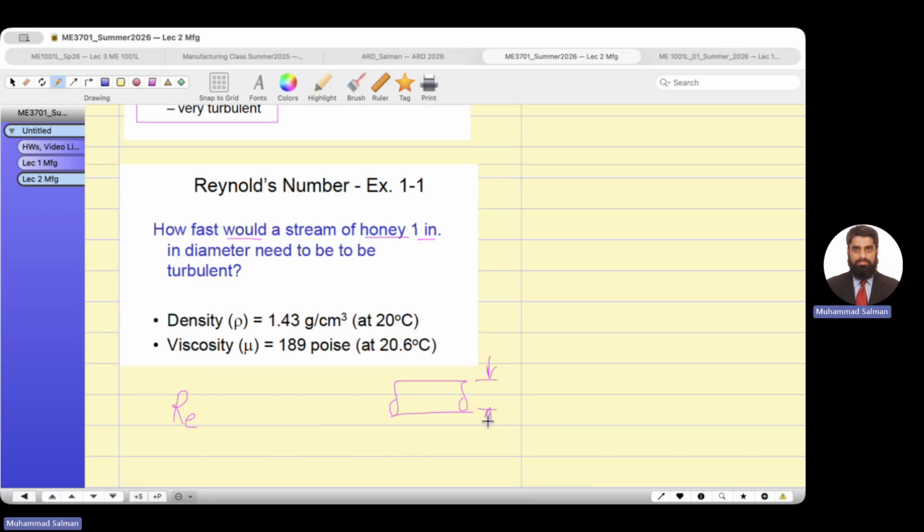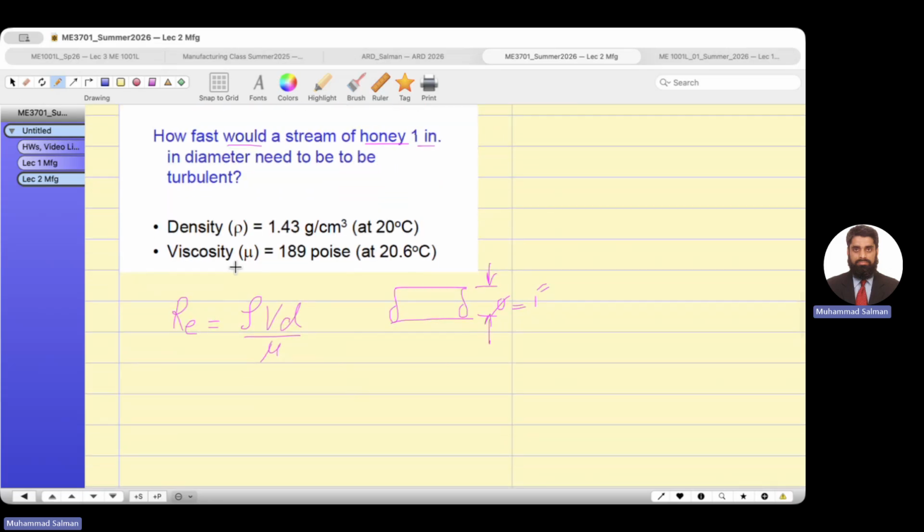Reynolds number is rho times velocity times the diameter divided by the viscosity eta. Viscosity is given, 189 poise, and the density is 1.43 grams per centimeter cubed.